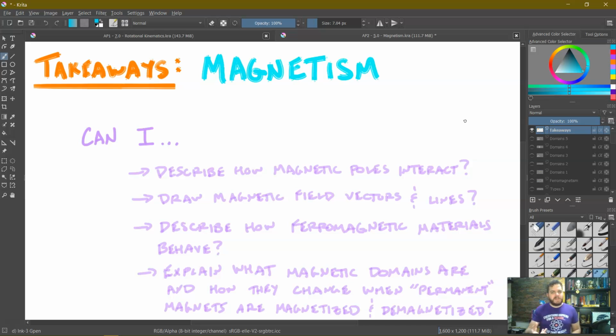Can we draw magnetic field vectors and lines for different arrangements of magnets, keeping in mind that the vectors and the lines point from north poles to south poles? Can we describe how ferromagnetic materials behave, essentially what makes them quote-unquote ferromagnetic and therefore different from other materials? And can we explain what magnetic domains are and how they change when we take a ferromagnetic material or a permanently magnetic material and either magnetize it or demagnetize it?